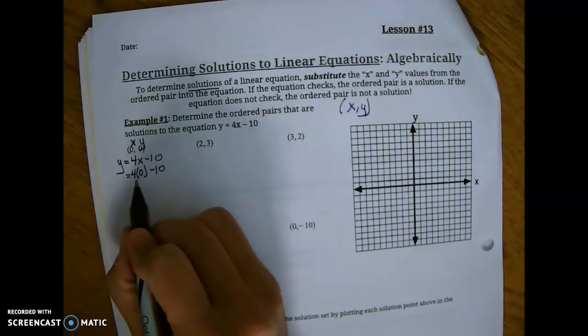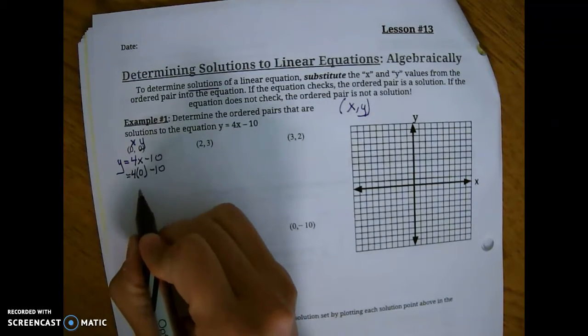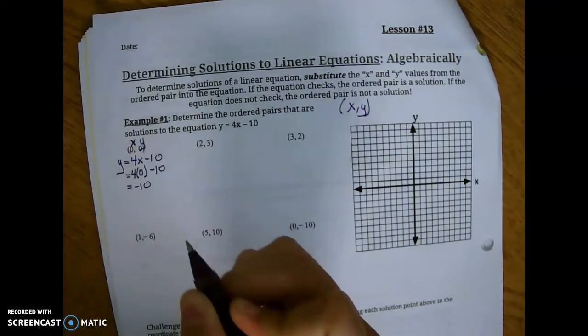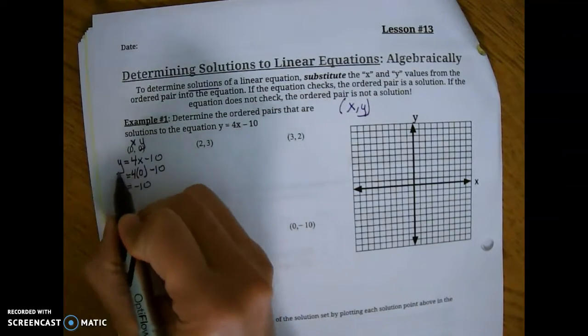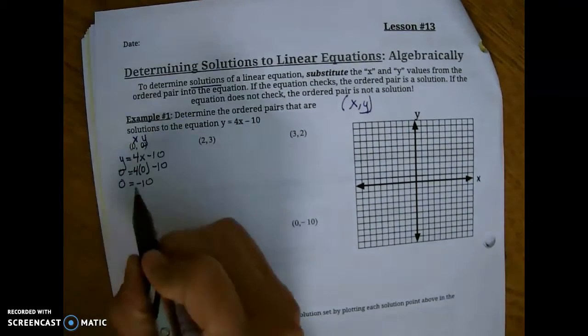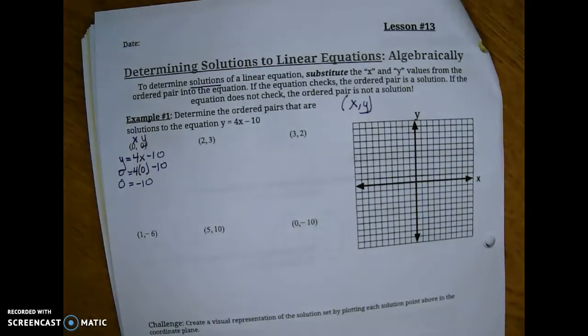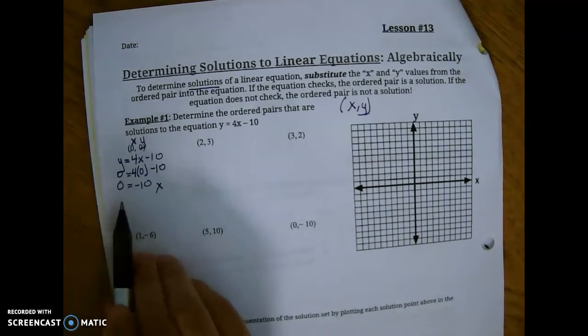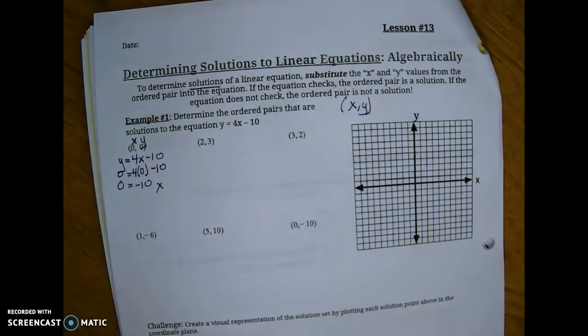So if I input 0, 4 times 0 is 0, minus 10 is negative 10. Our y value was 0. Is 0 equal to negative 10? Hopefully you said no. Because these two numbers are not equal, this is not a solution to the equation.